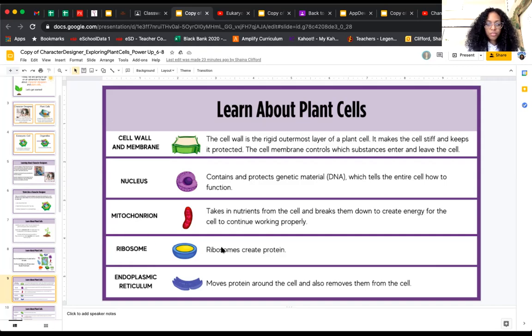A ribosome helps create protein. The endoplasmic reticulum moves the proteins around the cell and also removes them from the cell. So again, these are the endoplasmic reticulum and the mitochondrion. They kind of represent our blood cells in a way.